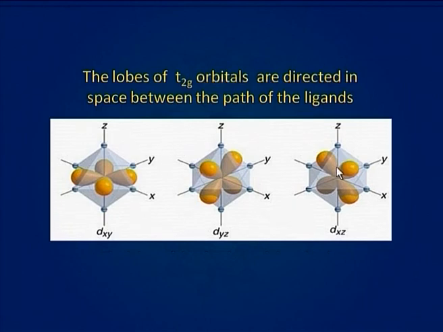and the lobes of dxz orbitals are also pointing between the ligands. Since the lobes of two Eg orbitals lie in the path of approaching ligands, the electrons in these orbitals experience greater force of repulsion than those in T2g orbitals, whose lobes are directed in space between the path of the ligands, that is, energy of Eg orbitals is increased while that of T2g orbitals is decreased.